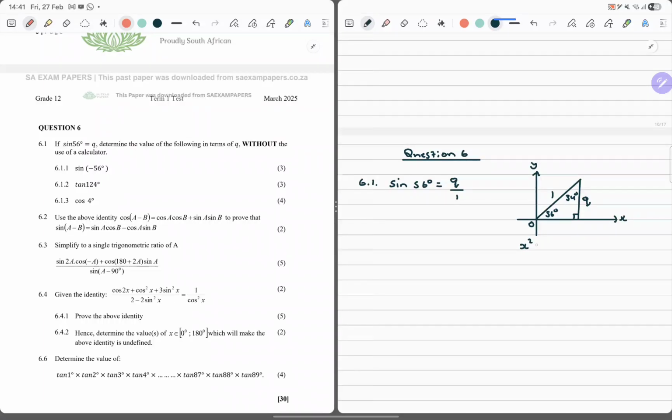For us to solve for x, x squared plus y squared equals r squared. This is from Pythagoras. Don't take anything for granted. This is plus q all squared equals 1 all squared. Therefore x, it's on the positive side, so it's going to be the positive square root of 1 minus p squared.